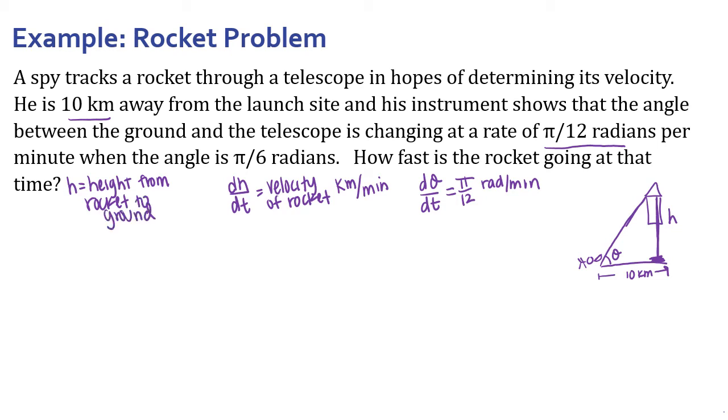Okay. All right, so these are the things that we know. We also need to define theta. So theta is the angle between the telescope and the ground.